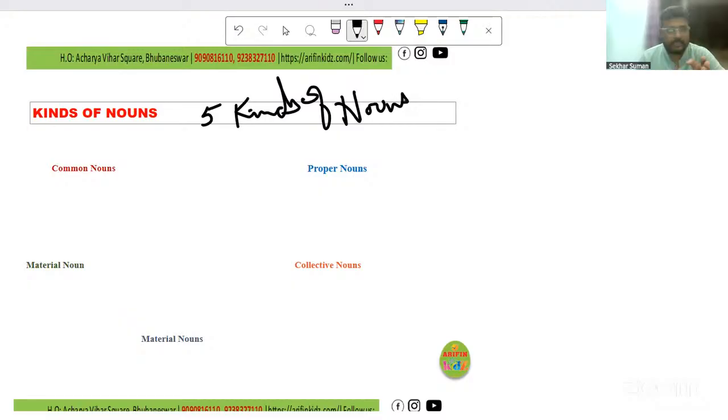Then again, there is a segregation regarding the gender, right? They are types. Whereas mainly, majorly, we need to see that there are 5 types of nouns. Okay. So each noun we are going to deal with over here at present.